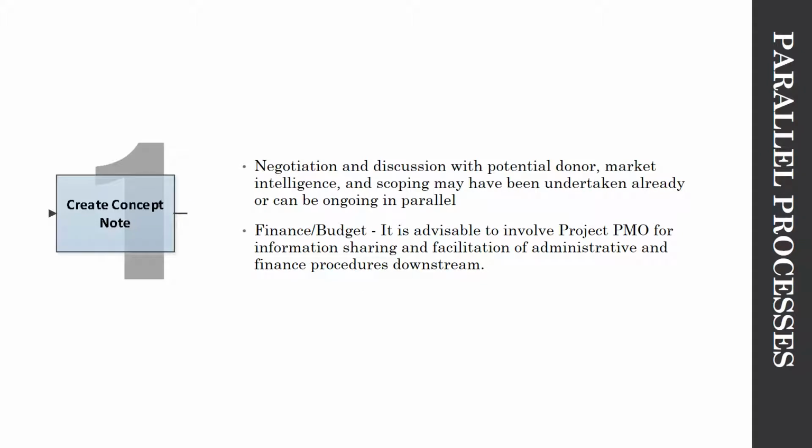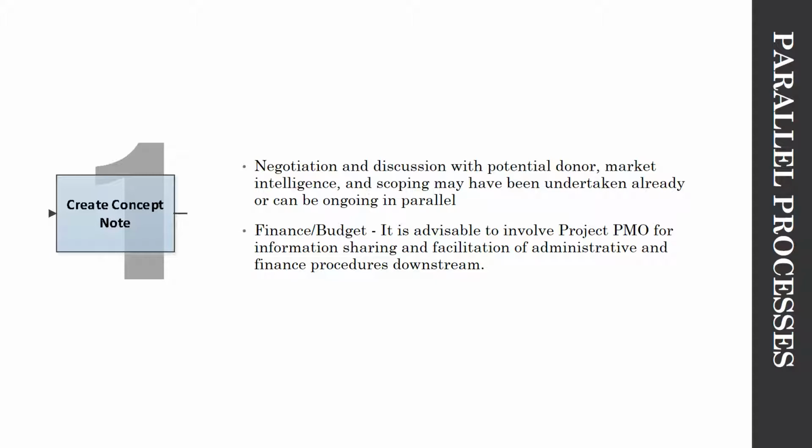In step one, we are advising that the following parallel processes can be undertaken. Negotiation and discussion with your potential donor, and market intelligence and research, can be started at this stage, or may have already started.